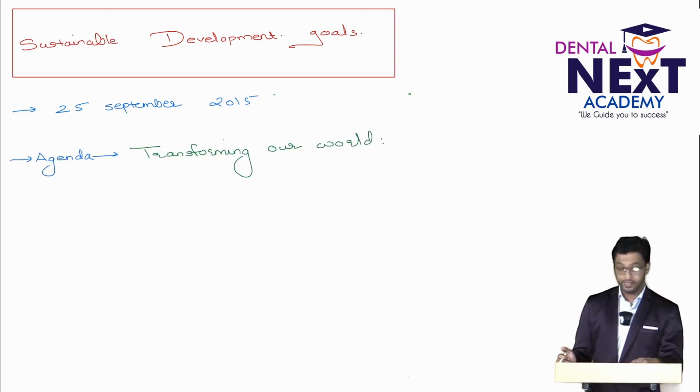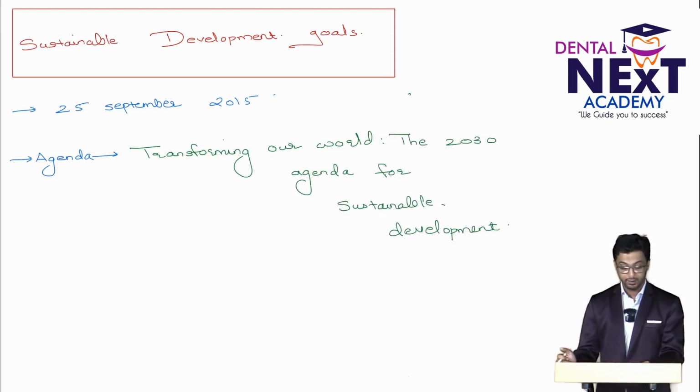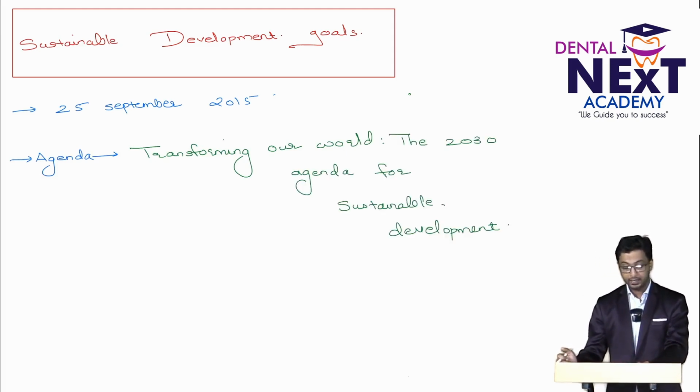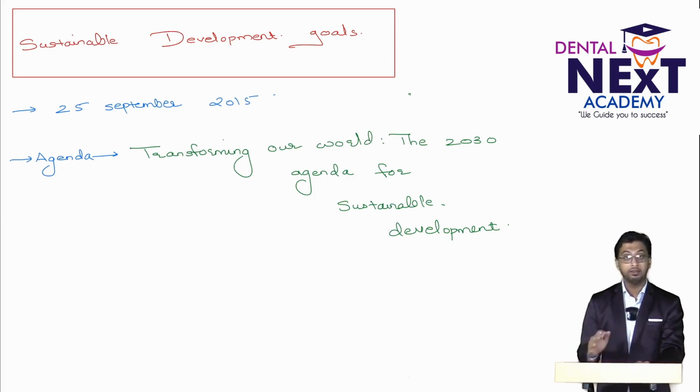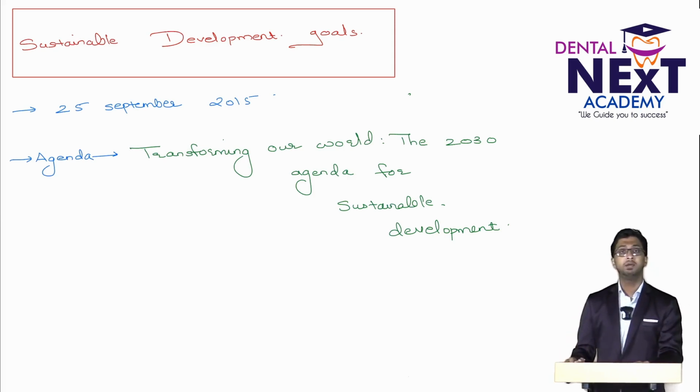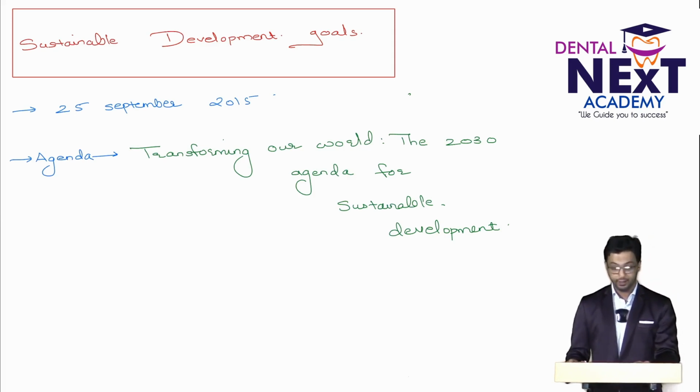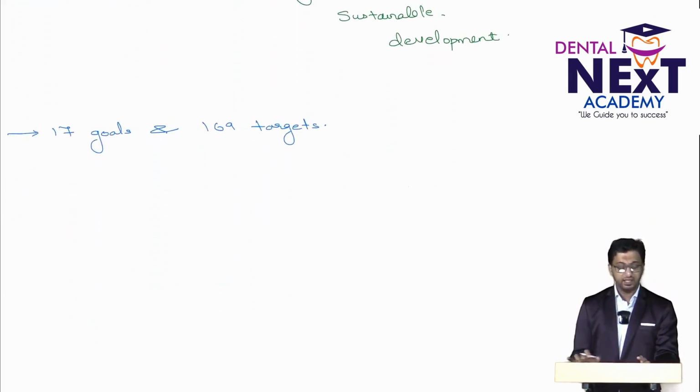The agenda was transforming our world, and by 2030, the date set now was 2030, the 2030 agenda for sustainable development, and then it was 17 goals and 169 targets.